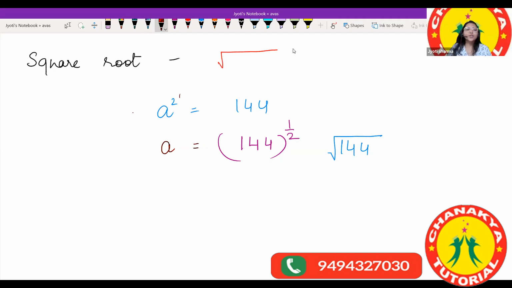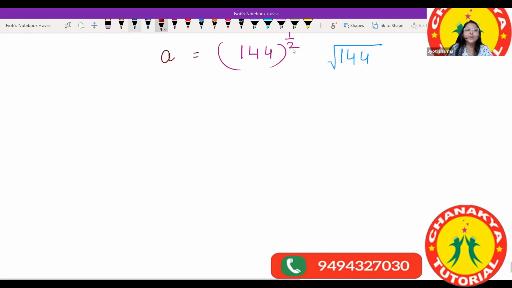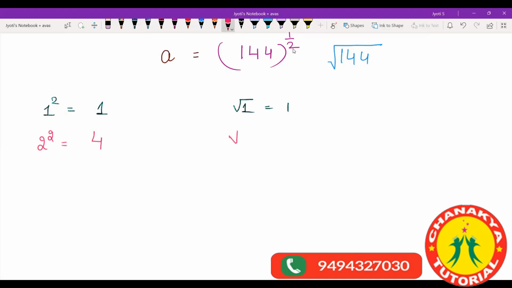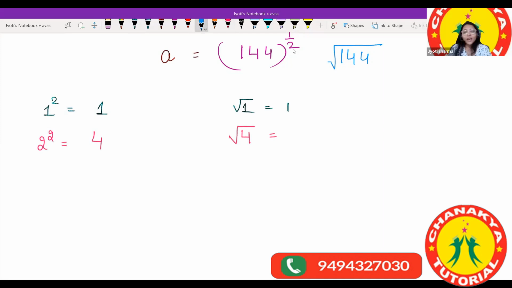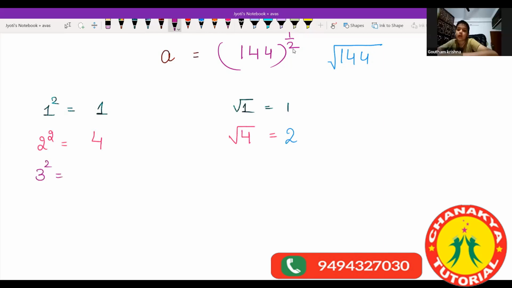Wonderful. Correct answer. Now we are just going to write the same thing. 1 square is 1, and the square root of 1 is 1 only. What is 2 square? 4. If I take the square root of 4, what will be the answer? 2, because you are multiplying 2 by 2 to get 4. What is 3 square? 9.